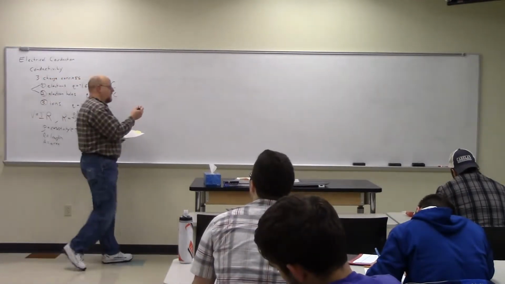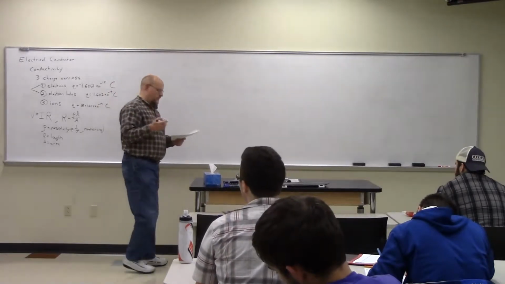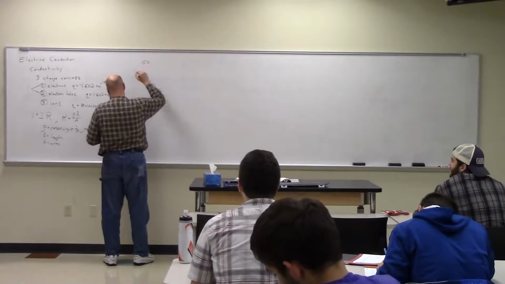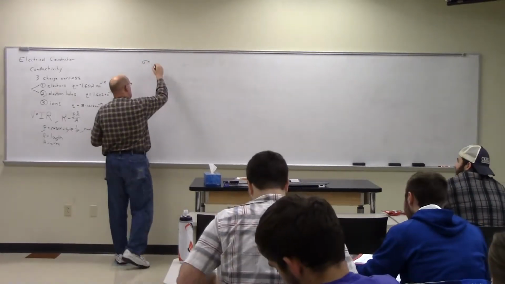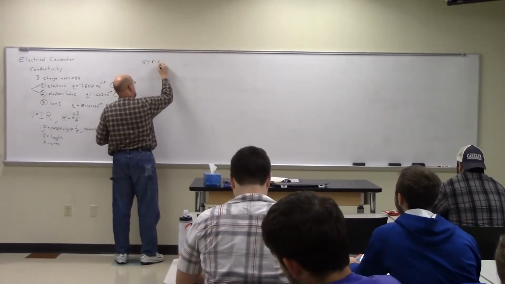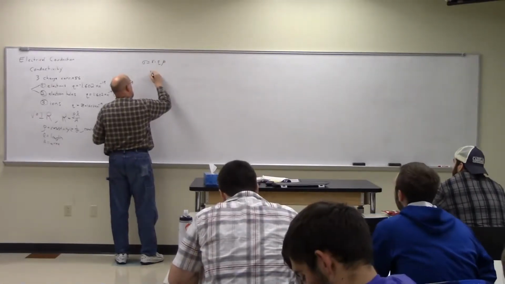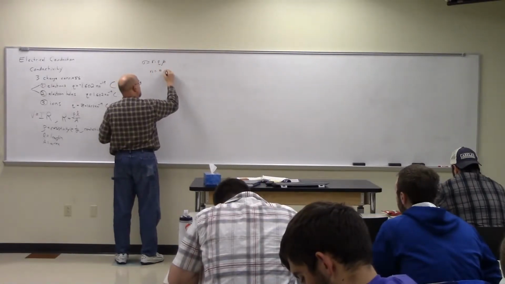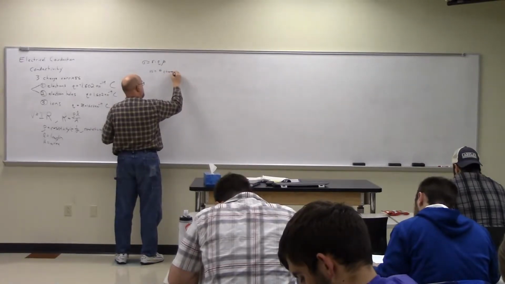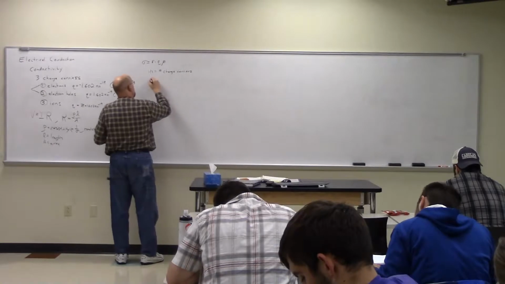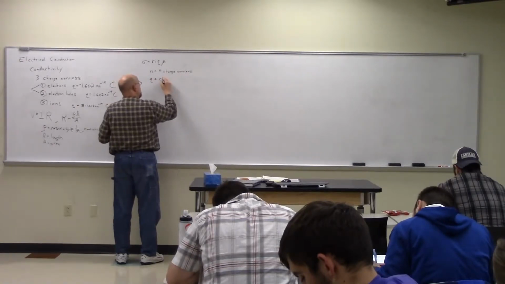Okay. Why do we do conductivity? It's just easier to calculate. So conductivity is defined as N, Q, mu, where N is the number of charge carriers available to do the conduction. Q is the charge of each carrier.